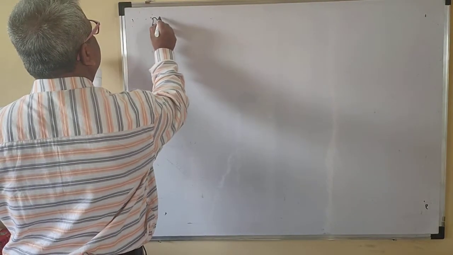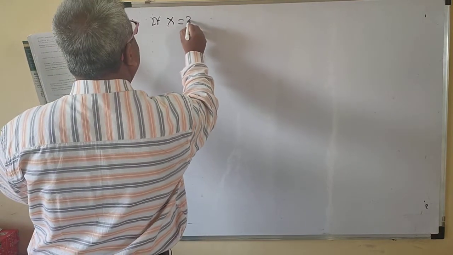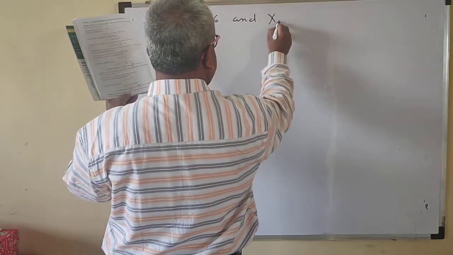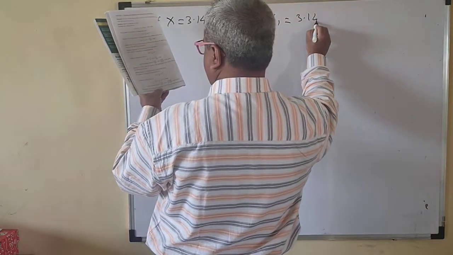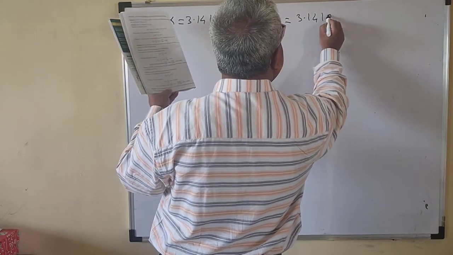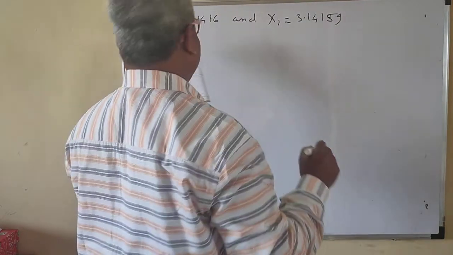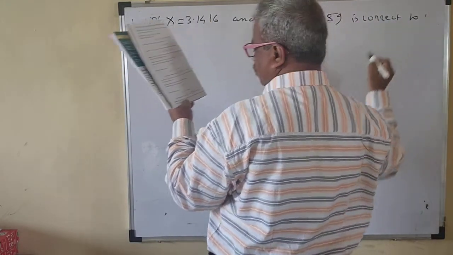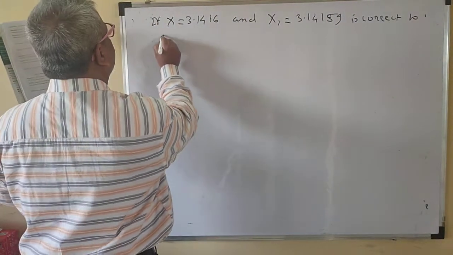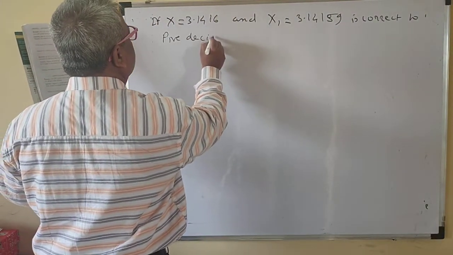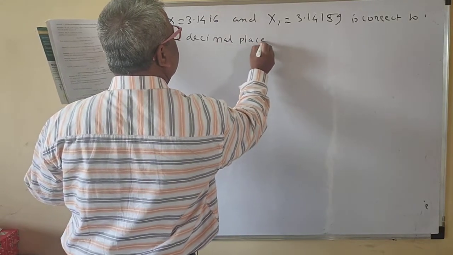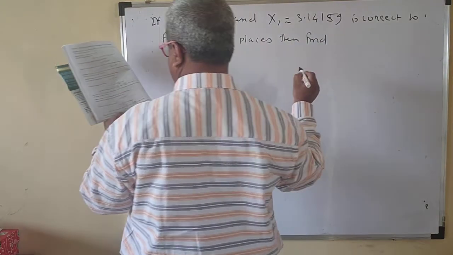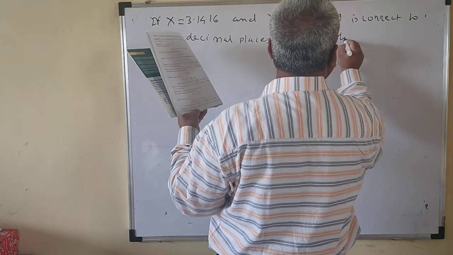If x is equal to 3.1416 and x1 is equal to 3.14159, it's correct to 5 decimal places, then find the absolute error and absolute accuracy.